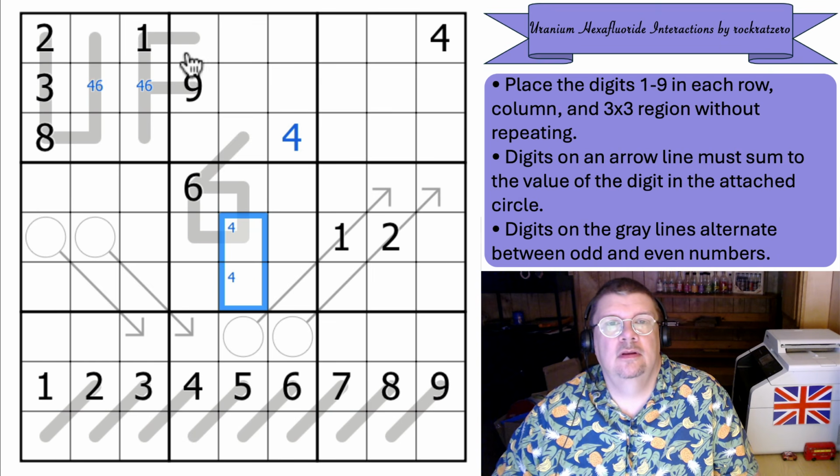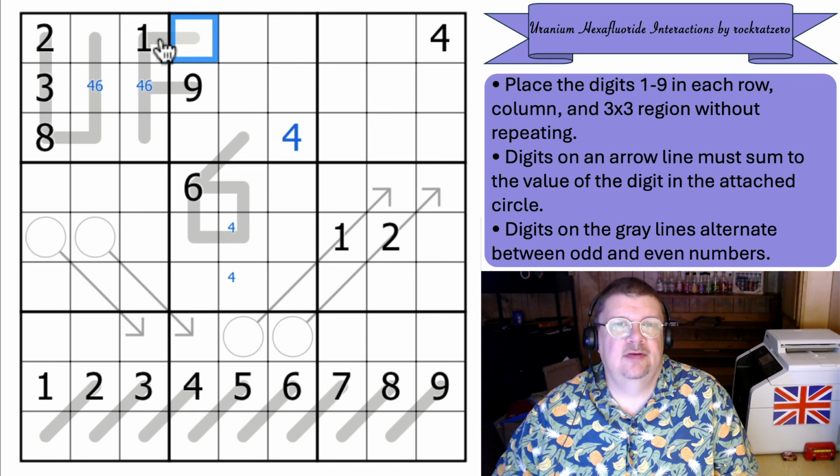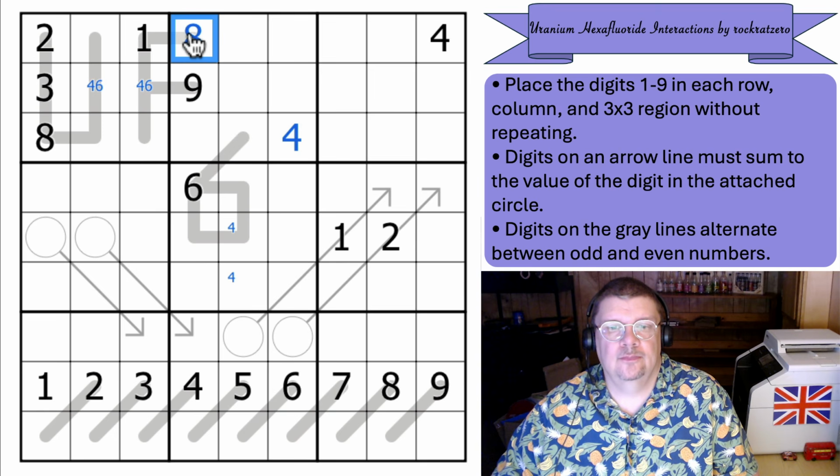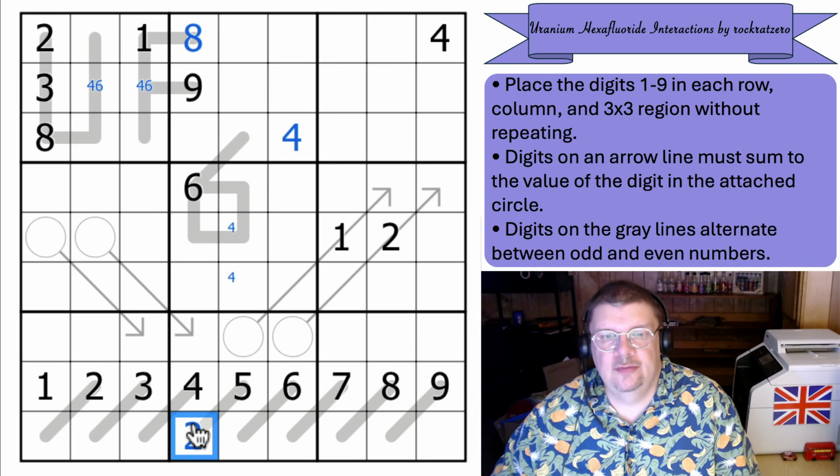All right. Looks like even digits might be a good thing to look at. This is an even digit by the line. 2, 4, and 6 all see it, so that must be an 8. Okay, in this box, this must be even because of this line, and it sees 8, 4, and 6, so that must be a 2.